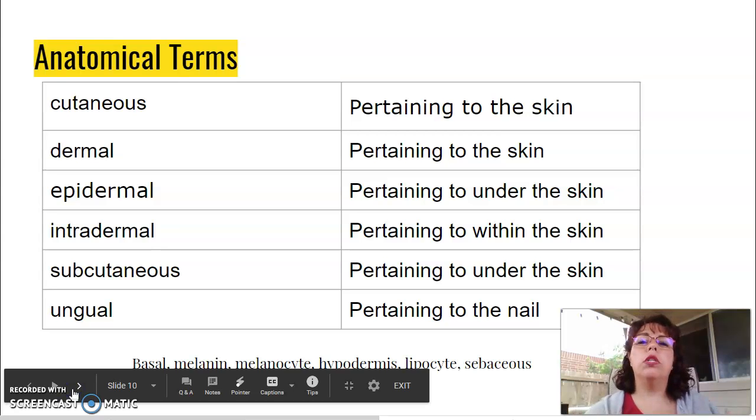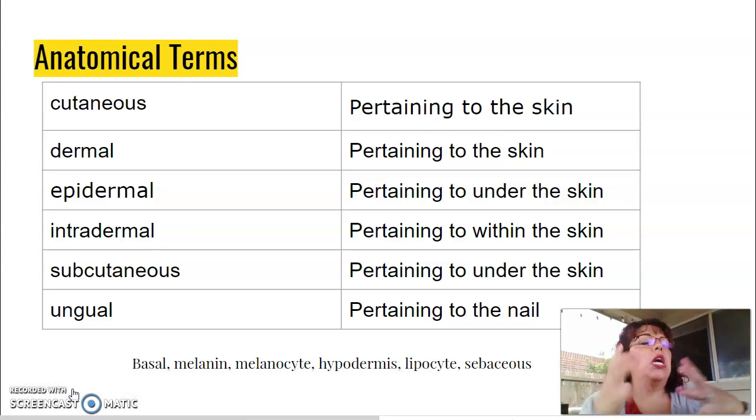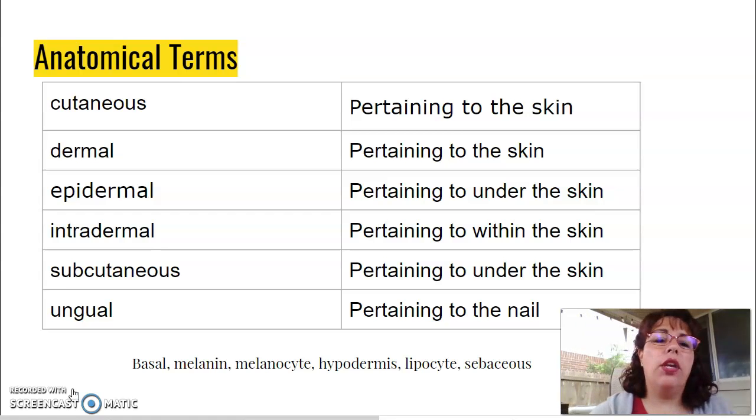Okay, some words that you really need to learn for this chapter. Cutaneous. It is the O-U-S, and that's the pertaining to. And cutaneo is skin, pertaining to the skin. Dermal, A-L, pertaining to. Derma, skin. Epidermal, A-L, pertaining to.